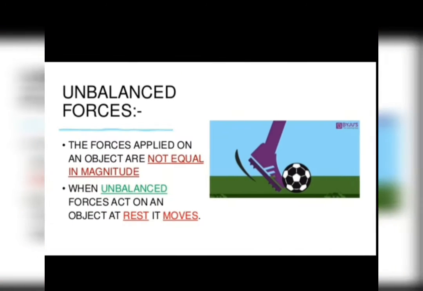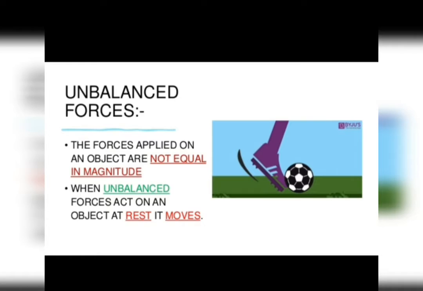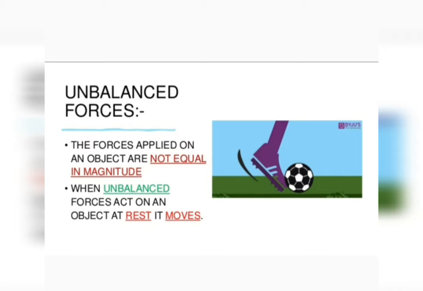But in case of unbalanced forces, the forces applied on an object are not equal in magnitude, as we discussed in the earlier two examples, where two persons were applying forces, one in the same direction, and the other example was when they were applying forces in opposite directions but with different magnitudes.